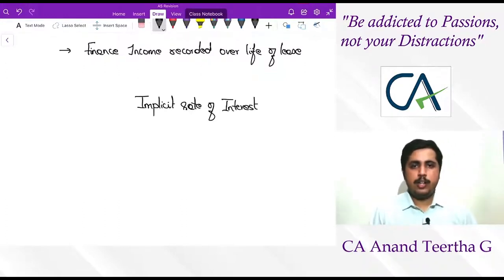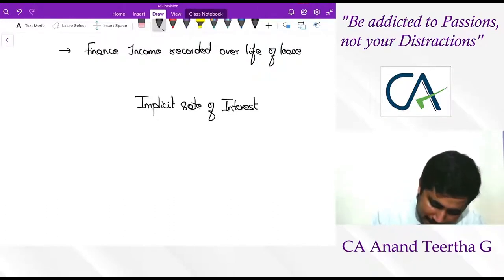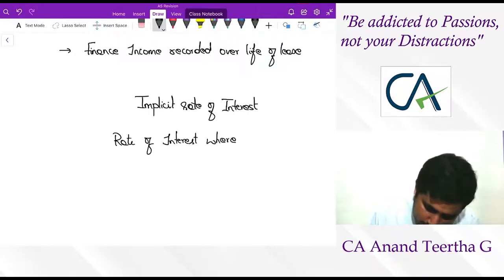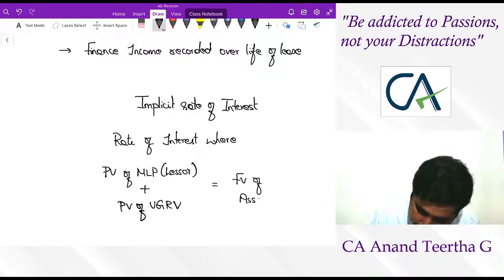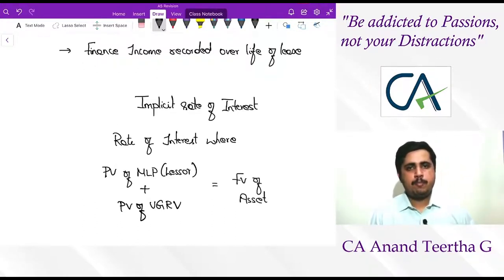Basically, this is that rate of interest where the present value of minimum lease payment, lessor point of view, plus the present value of unguaranteed residual value is equal to the fair value of the asset.